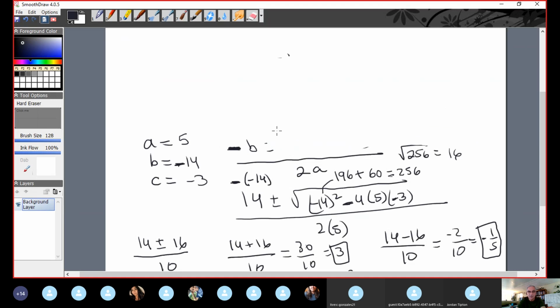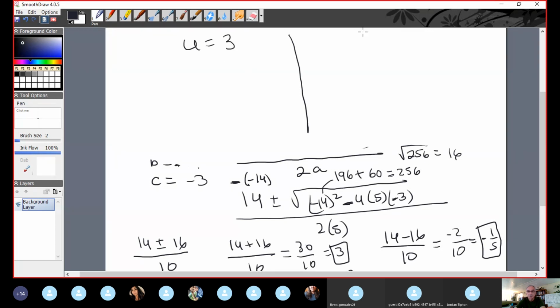Organization is important in mathematics. I separate the paper in 2 pieces. Here, I copy: u equals 3, u equals negative 1/5. Okay, what's the solution?